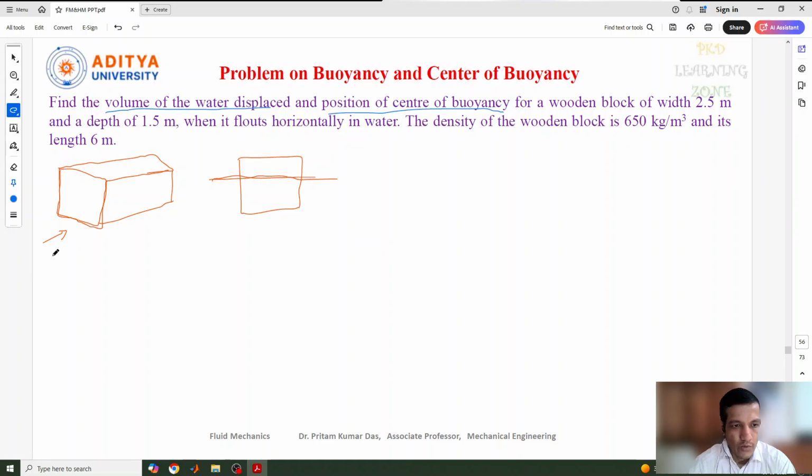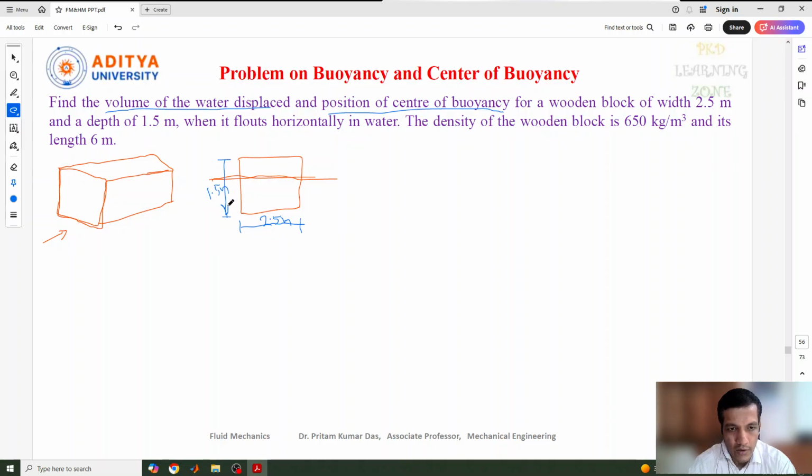So, volume of water and center of buoyancy. The wooden block width is 2.5 meter, so let's consider this is the width, 2.5 meter, and the depth is 1.5 meter. Depth is given, which means the height is 1.5 meter.